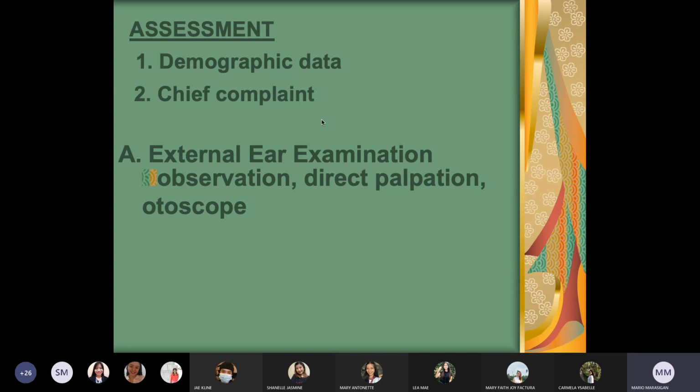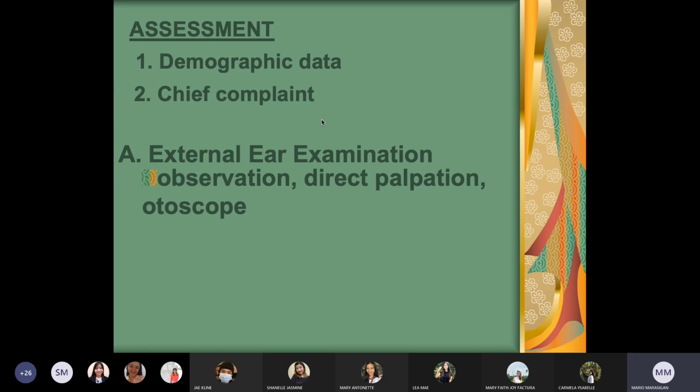Okay. They need to palpate the auricle and the surrounding tissue. Look for deformity. Maybe the shape of the ear is significant, right? Some have large ears, wide, small, or sometimes not symmetrical. Okay? Take note if there are lesions, maybe wounds or lumps, or even the discharges, no, coming from the ear canal. Okay?